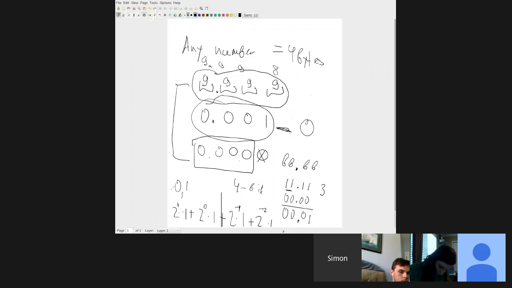But this part introduces the fractional portion of a number. 2 raised to the power of negative 1 is 1/2. 2 raised to the power of negative 2 is 1/4. 1/2 plus 1/4 is 0.75. So 3.75 is a representation of the maximum number in this binary notation.